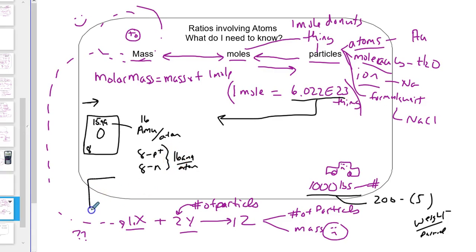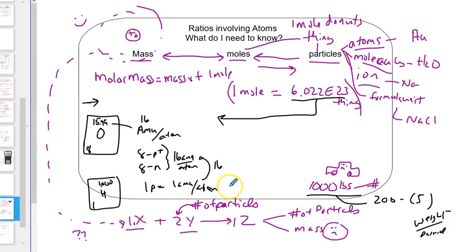Hydrogen, on the other hand, is 1.0001, so that means there's 1 proton, and it is 1 AMU per atom. This is where I'm getting the 16 times heavier. Okay. So for 2 particles, one weighs 16, one weighs 1.